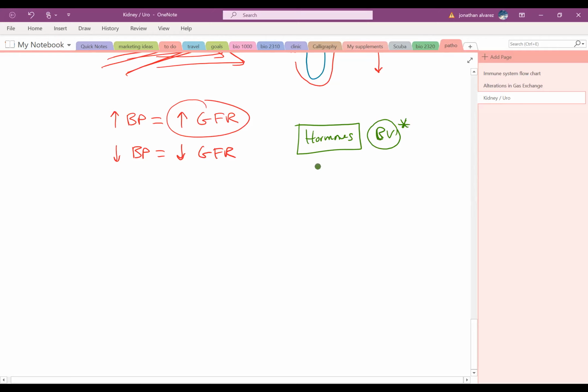And some of the hormones that help with this: antidiuretic hormone, aldosterone, ADH and vasopressin. Come back to that in a second. And then aldosterone and angiotensin 2.